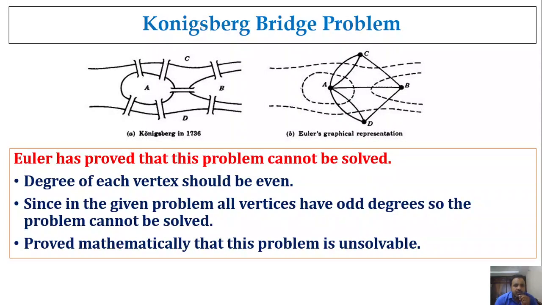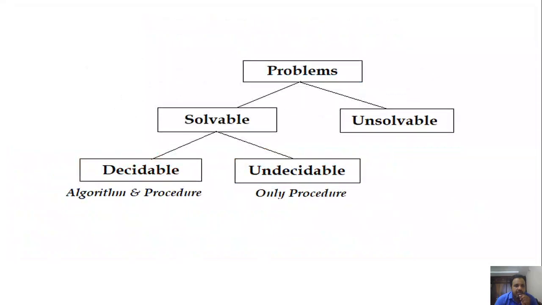So problems can be divided into either solvable or unsolvable. For solvable problems, there exists a solution, or there was a mathematical proof that they are not solvable, so they come under the solvable category. If there exists no solution for a particular problem, then that problem will be considered an unsolvable one.